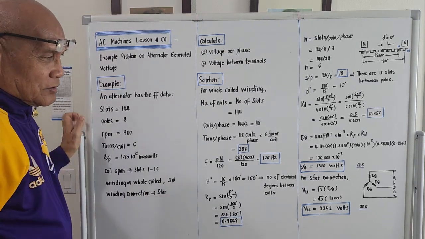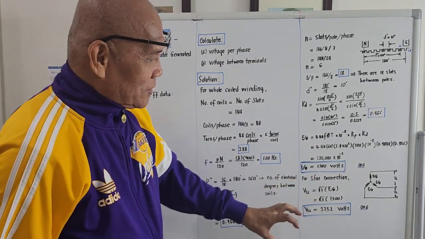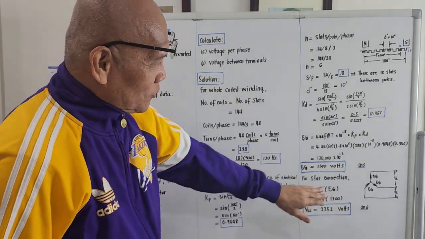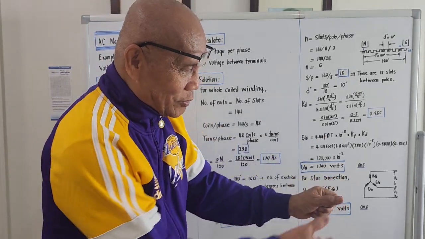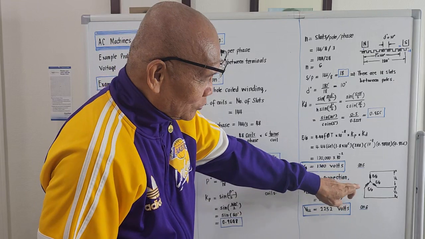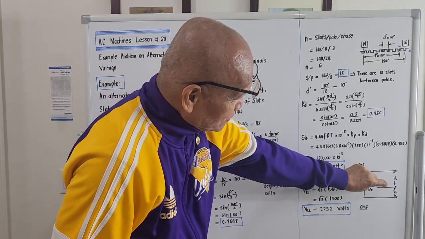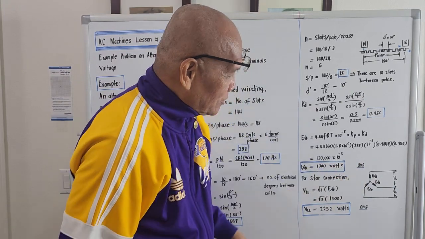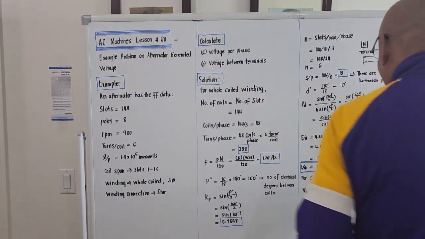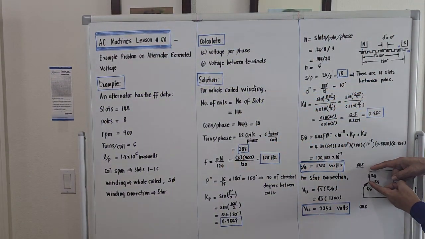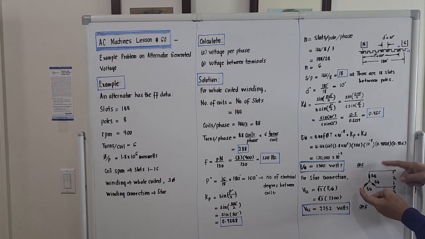So if we try to bring out the electrical diagram of the winding of the alternator on the circuit board, it will be something like this. It's a star. This is per phase. And actually the problem is asking for the voltage per phase across this. It should be balanced, right?